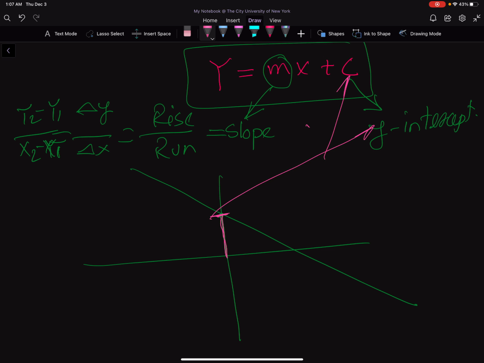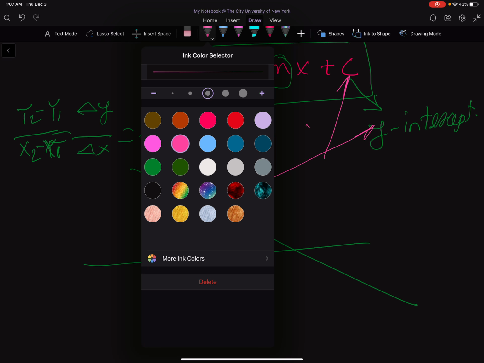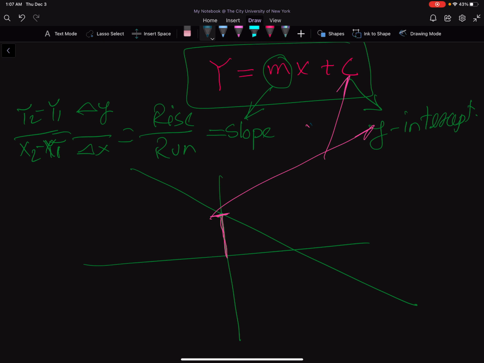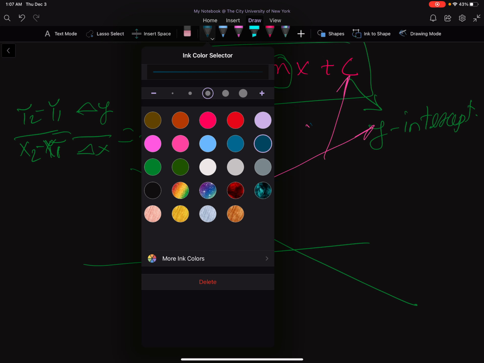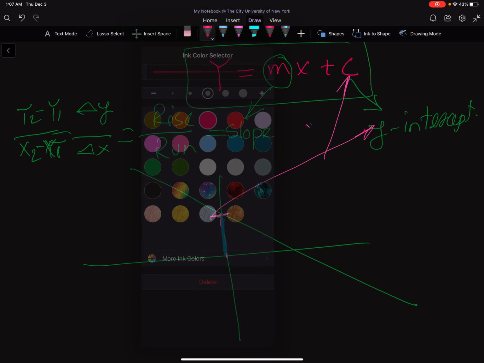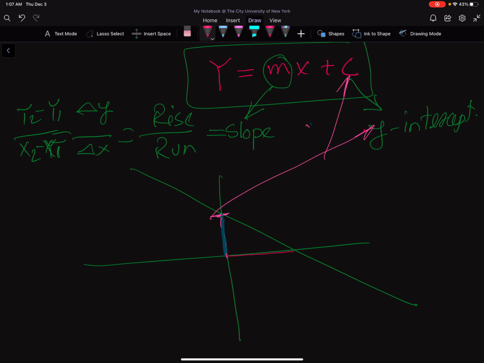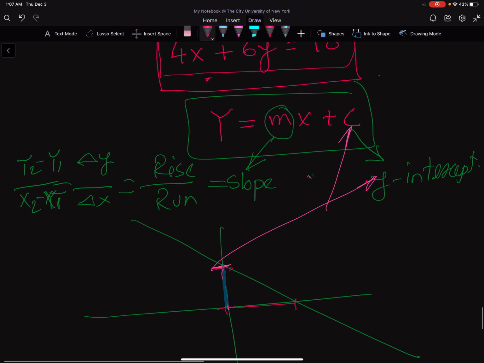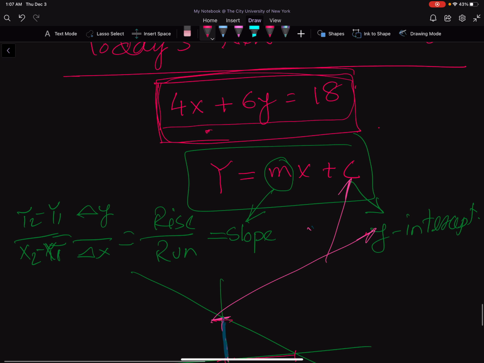And obviously, you know that slope is this rise divided by this run, this length and this length. So whenever we are given an equation like this, we have to form it into this and get the coefficient of x as the slope. Let me show you how to do that.